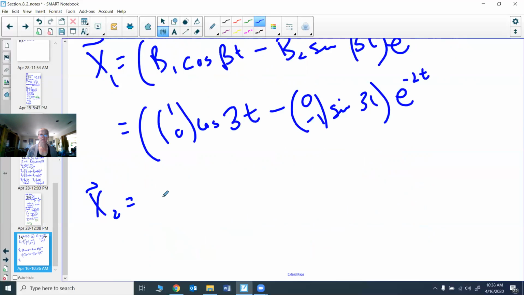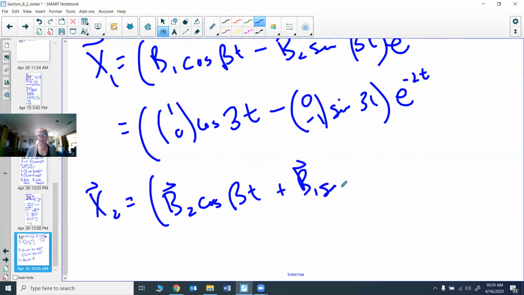We do the exact same thing to get x2. X2 is B2 cosine of beta t plus B1 sine of beta t, e to the alpha t.